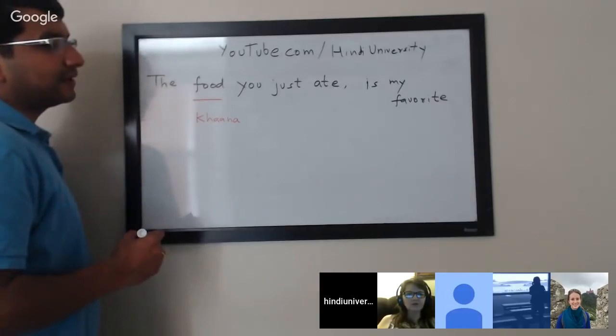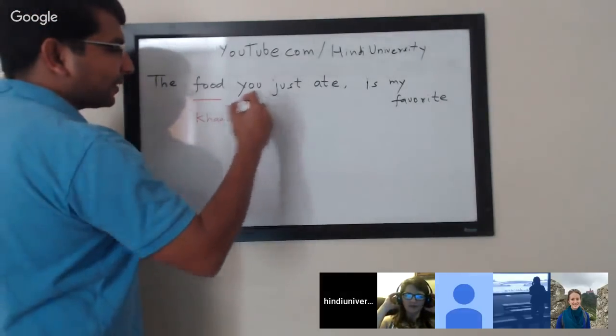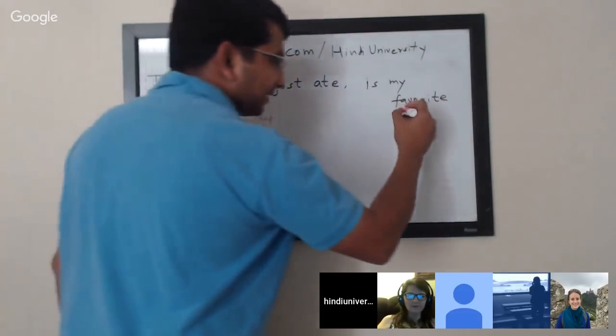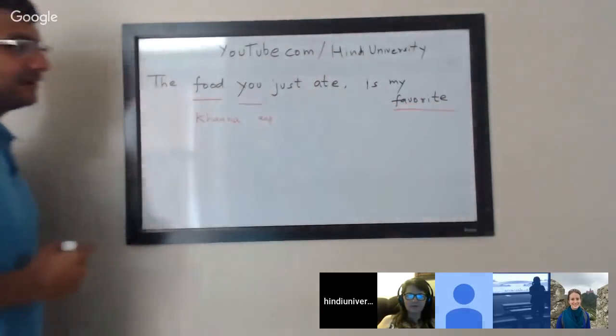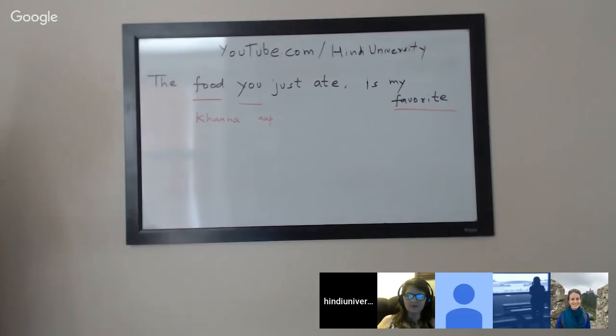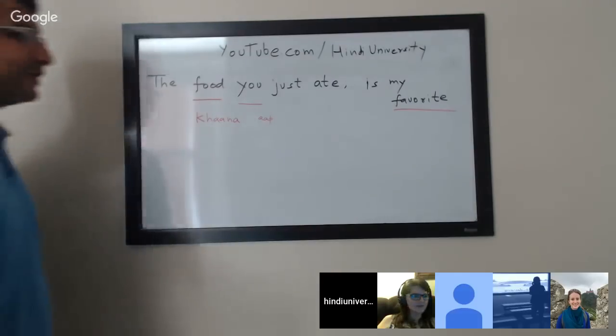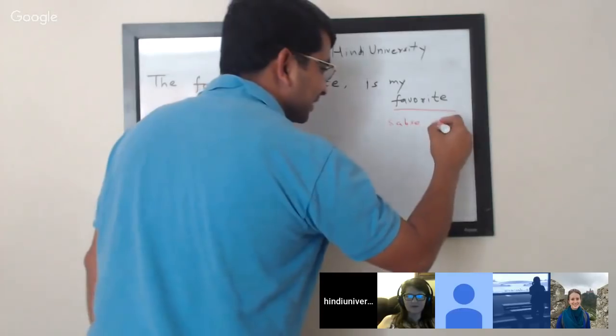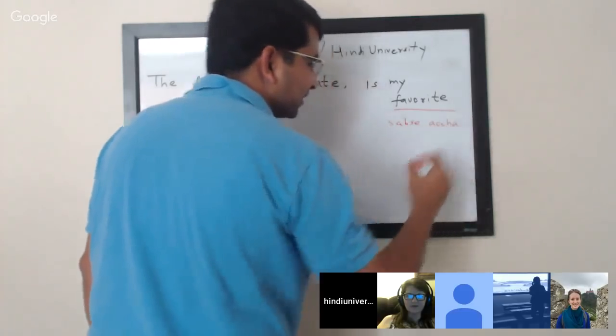For you, okay, for you is aap. Okay. Favorite? Hindi word for favorite. सबसे अच्छा. Sabse acha. Okay. You can say sabse acha. You're saying. What are the other words?